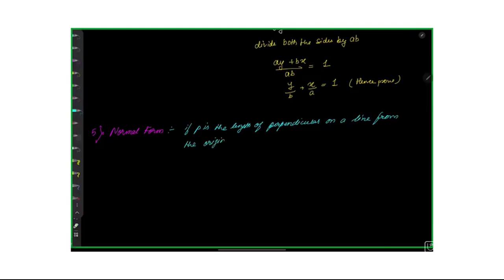And alpha is the angle which this perpendicular makes with the positive x-axis, right?